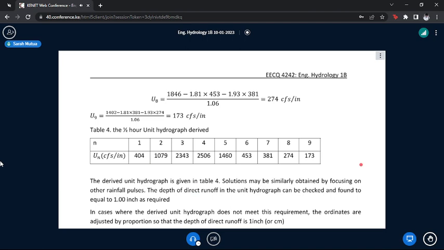If you have measured rainfall, you can just apply the unit hydrograph and then calculate discharge at a certain point. And I will show you that.